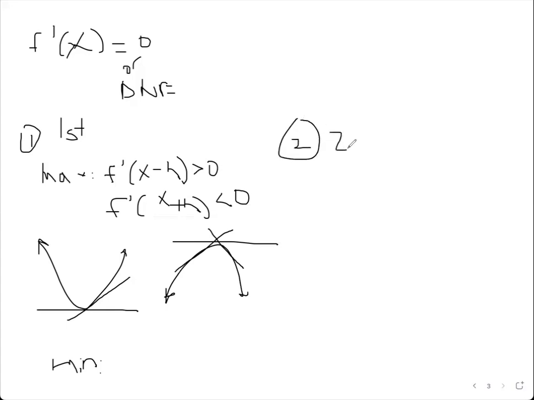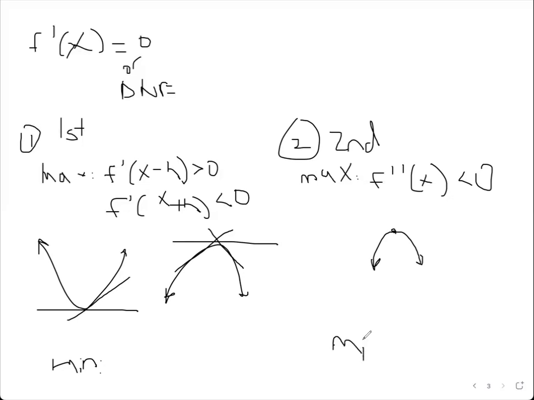The second derivative test is basically, again, you look if f prime of x equals 0, and then it's a maximum if f double prime of x, the second derivative, is less than 0. So it's basically saying, is it concave down? And concave down and a horizontal tangent basically means it's a maximum.